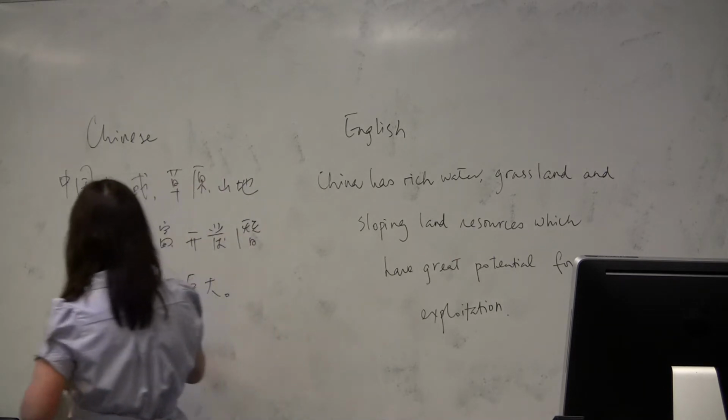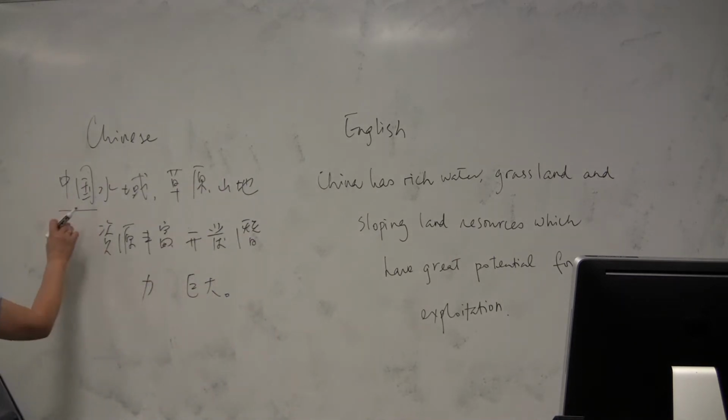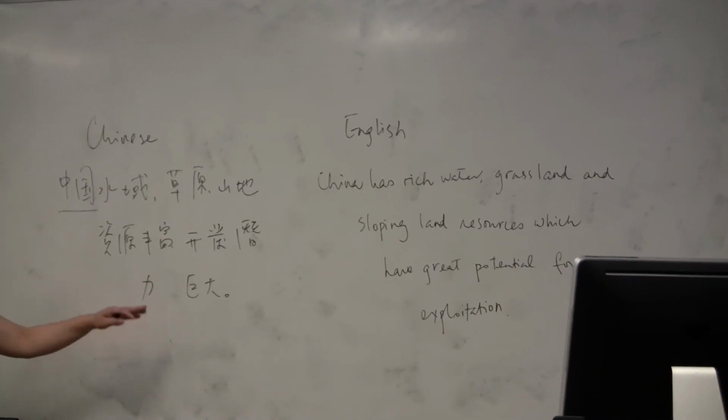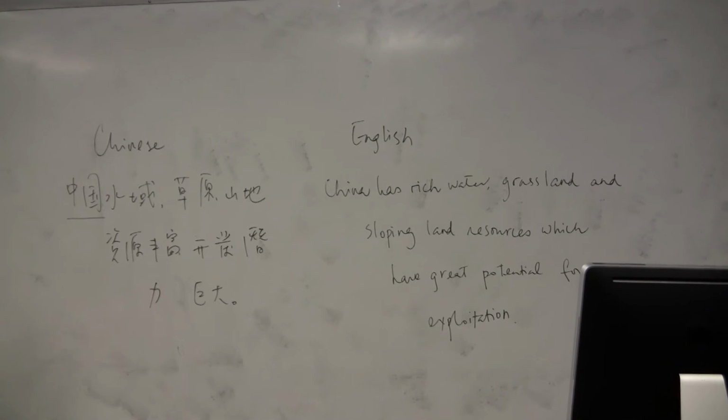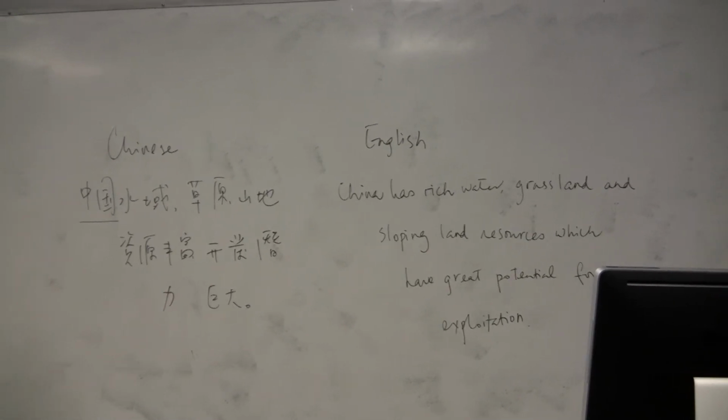Okay. Chinese 中國水域草原山地資源豐富，開發潛力巨大。When Chinese is, we just mention the subject the first time, and then you can have a lot of modifiers or a lot of clauses, phrases following that without mentioning the subject again.